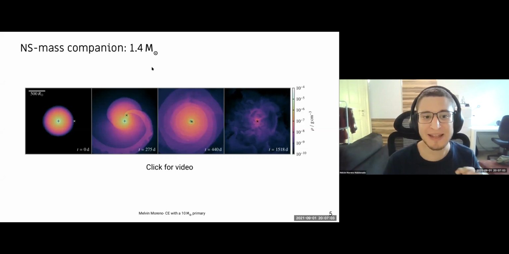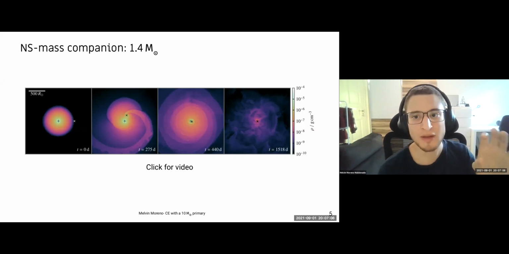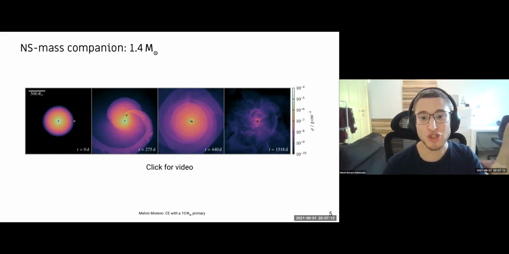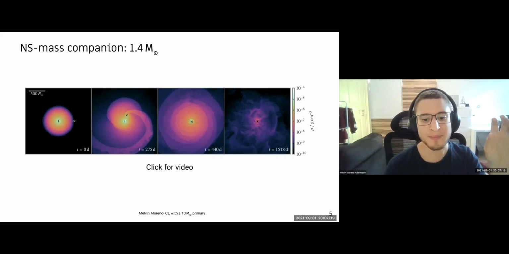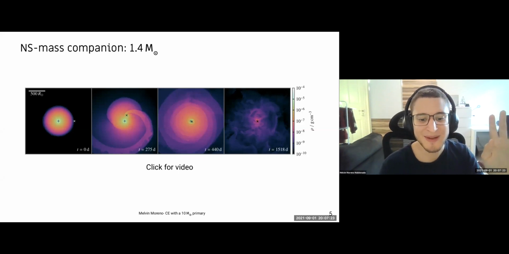I just want to clarify that here we model the black hole and the neutron star only by a particle, so we don't have any kind of accretion simulation. Another question is what is expected. I can only quote, from my master thesis, Tauris.